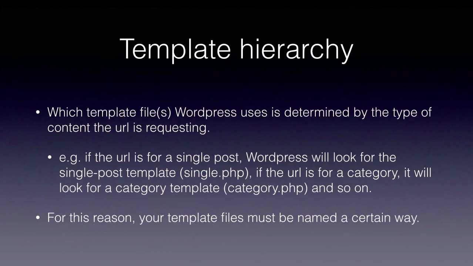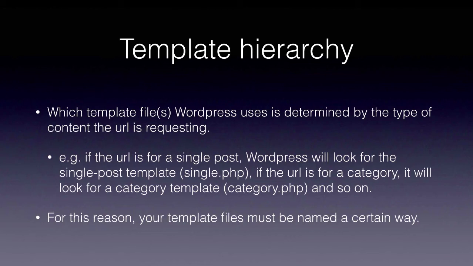Okay, so we need to talk about something called the template hierarchy. So a logical question to ask is how does WordPress know which templates to use for a particular part of my site? And the answer to that is it uses a combination of what the URL is requesting. WordPress knows what type of content you're requesting based on the URL.